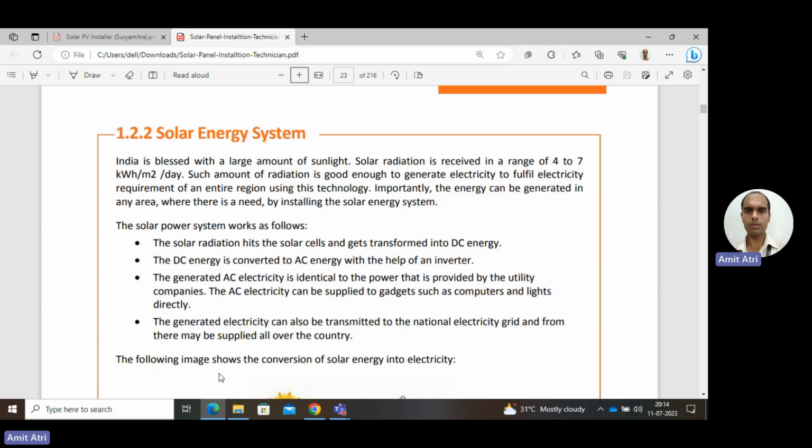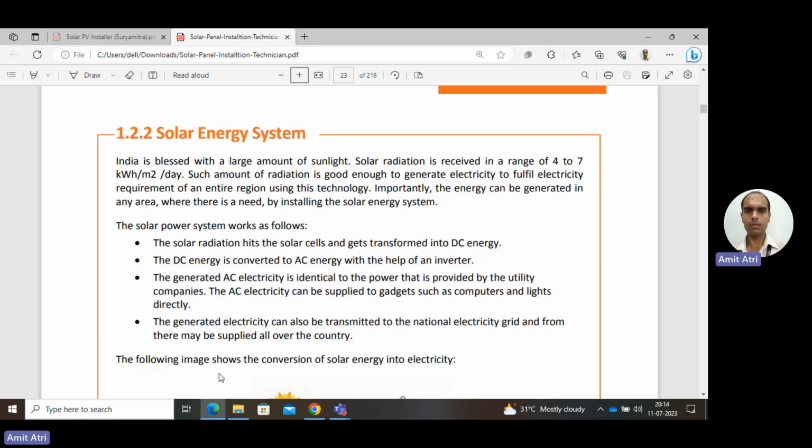So that is a good amount. In 1 meter square area, we are receiving this much energy from the sun. So it depends on how much we use our solar energy system to utilize this available energy from the sun.